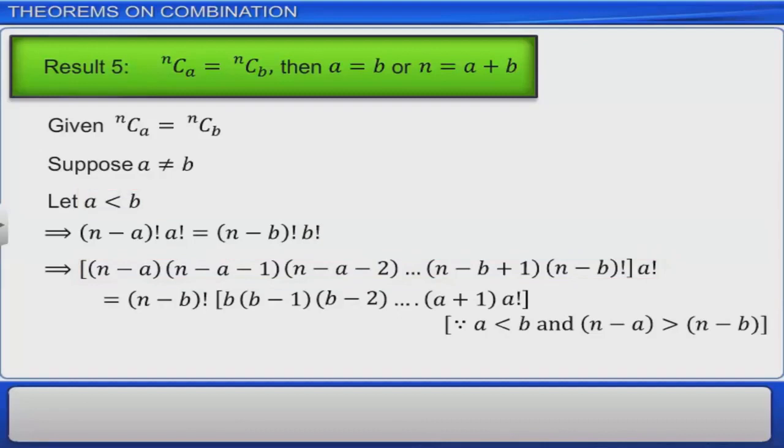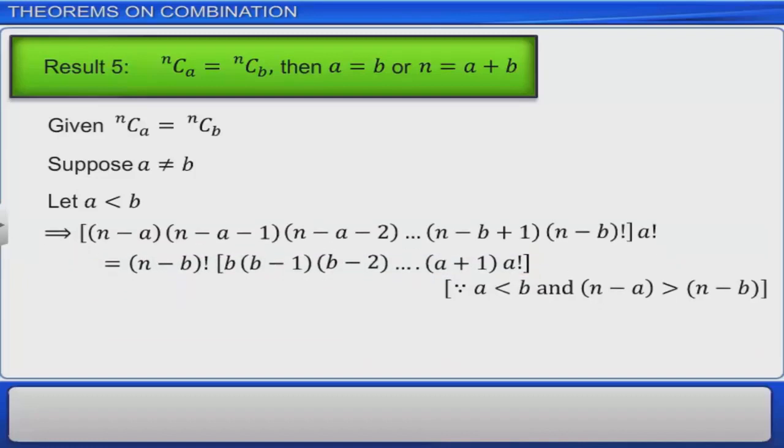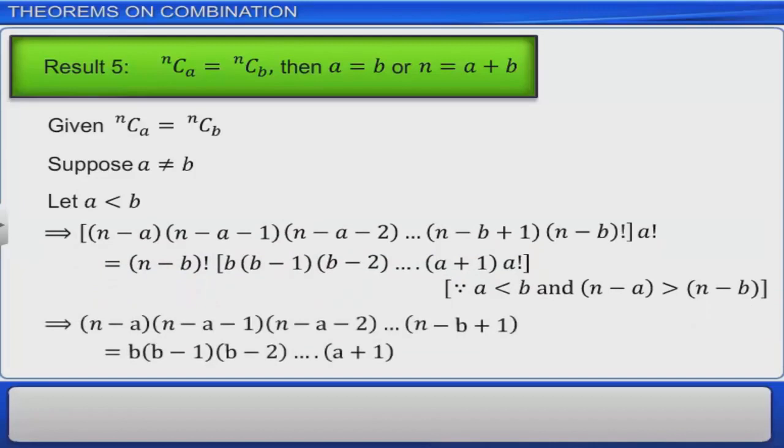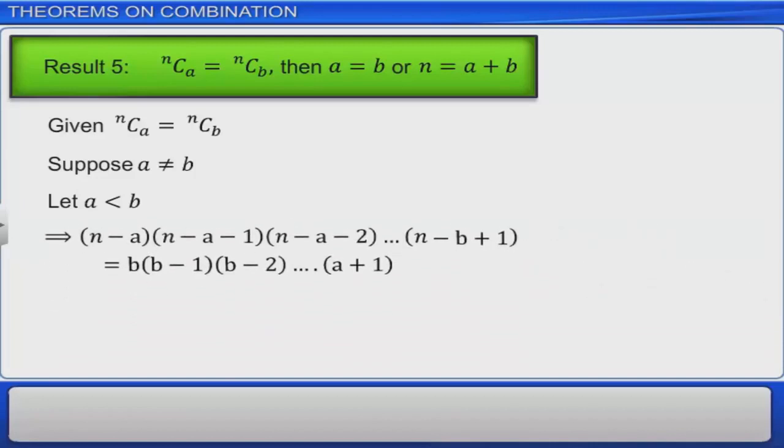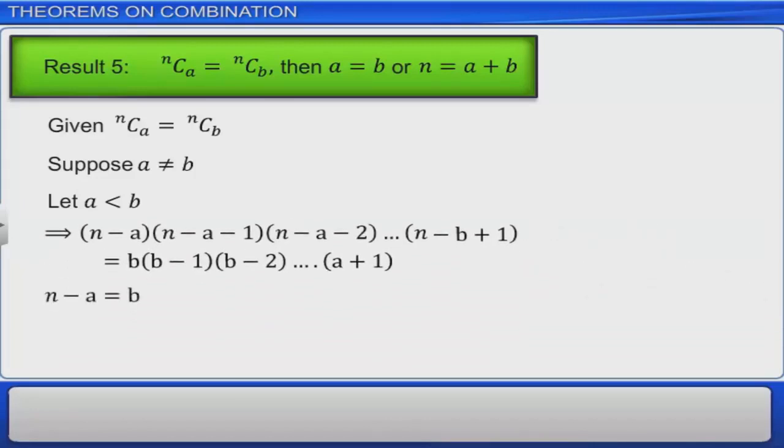The second term on the right-hand side is also expanded in a similar way. Since either side is the product of b minus a consecutive positive integers, we have n minus a is equal to b. Simplifying, we get the result.